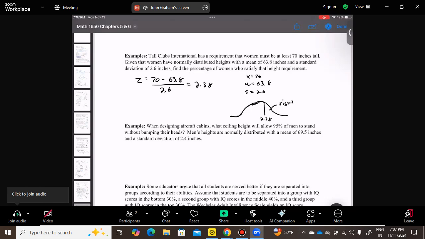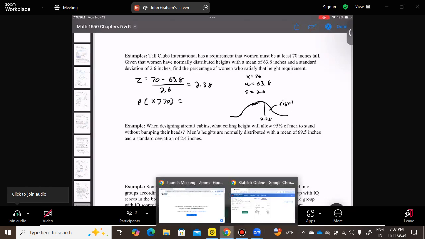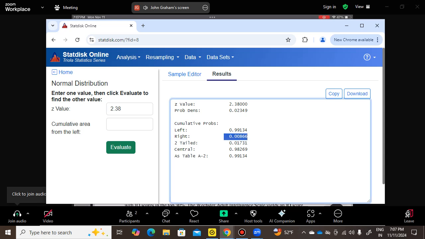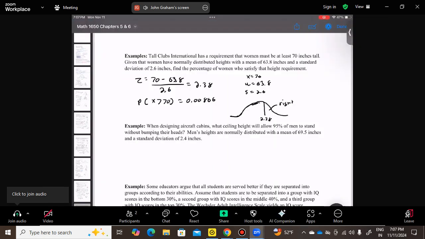All right, so probability of x greater than 70, find the 2.38, and we get to the right 0.00866, which is equal to 0.87%, so less than 1%.